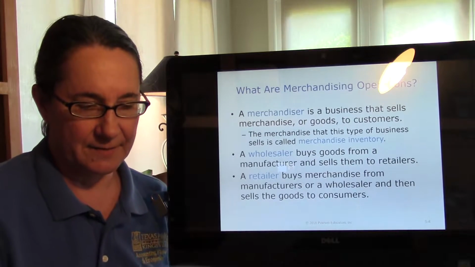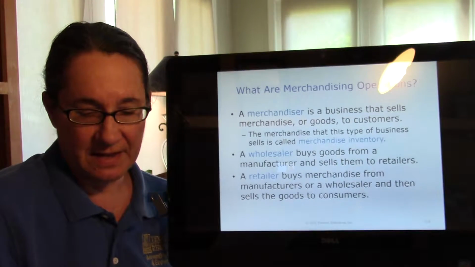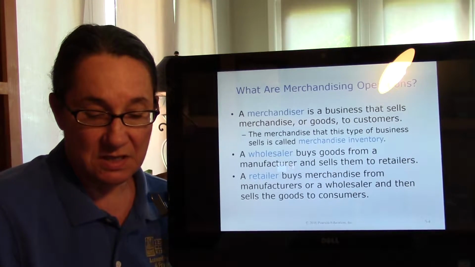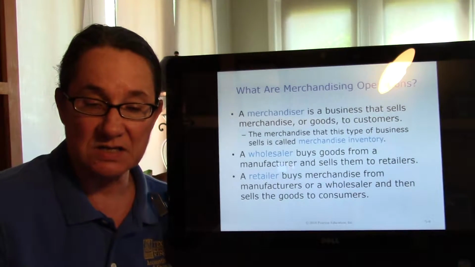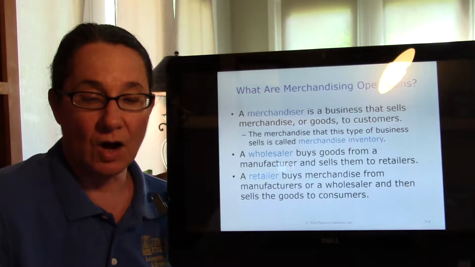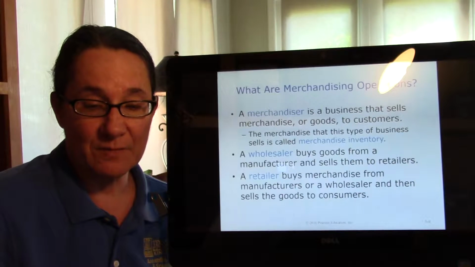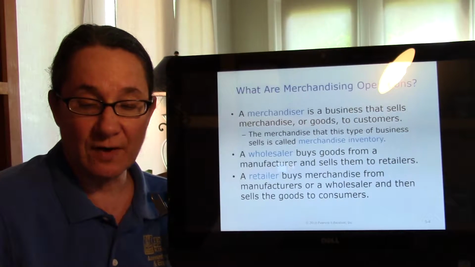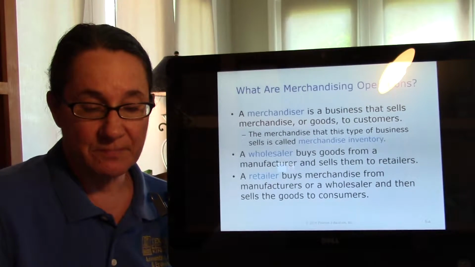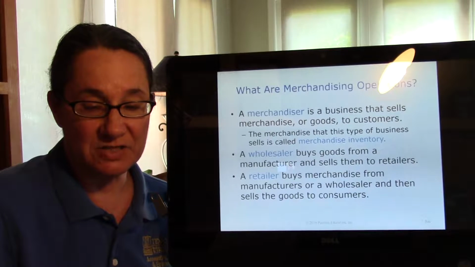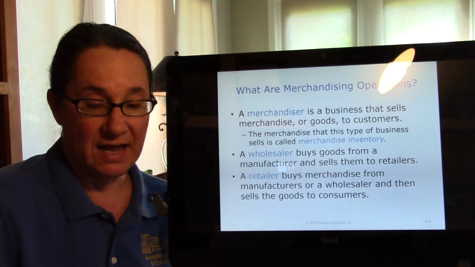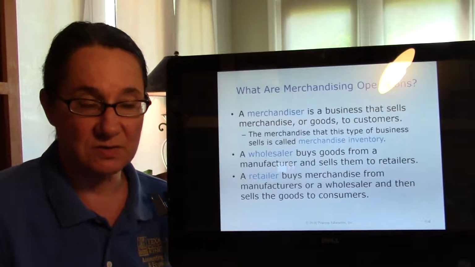All right. A merchandiser is a business that sells merchandise or goods to customers. The merchandise that a business sells to customers is called merchandise inventory. A wholesaler is a type of merchandiser that buys goods from manufacturers and then sells them to retailers. A retailer is a type of merchandiser that buys merchandise either from a manufacturer or a wholesaler and then sells those goods to consumers.